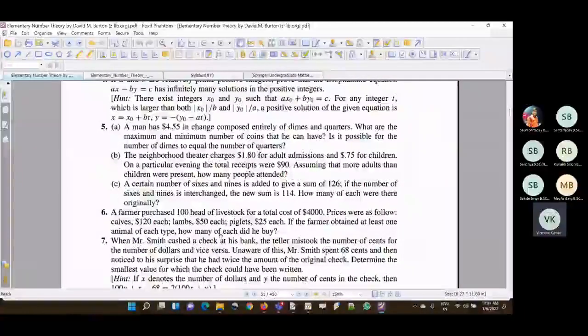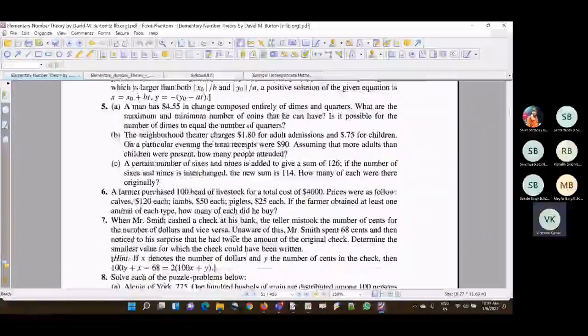If you have any problem, you can tell me, then we will discuss in class. In all cases, you will be getting a linear Diophantine equation and you have to solve them. The thing is that you have to read the question and put it in mathematical form. Okay, and then you can solve.